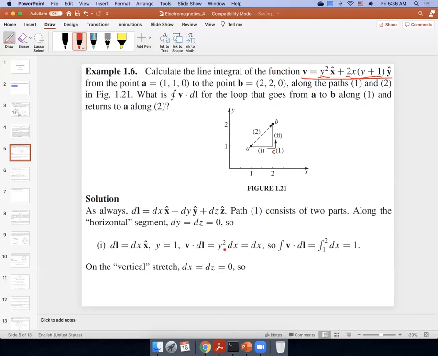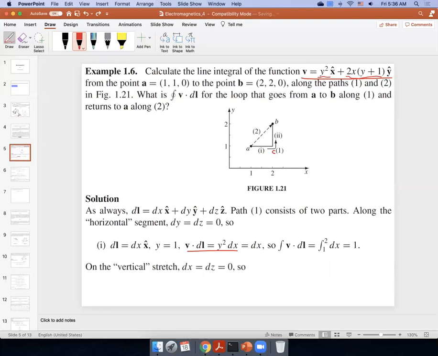Sorry, it actually should be v dot dl equals y squared dx. I missed one step. However, y equals 1, so the y squared can be ignored because it's just 1.